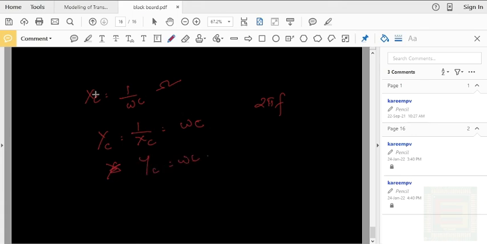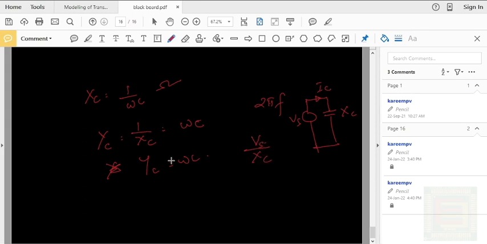And we know that if you have a capacitive reactance connected across a voltage source, the current through it will be given by V by Xc. So if you consider a circuit like this, where this is Xc, the capacitive reactance, and the voltage source is connected like this, the current Ic will be given by Vs by Xc.